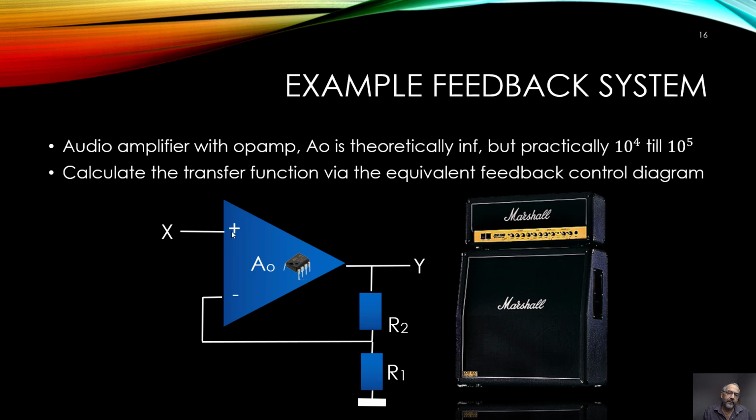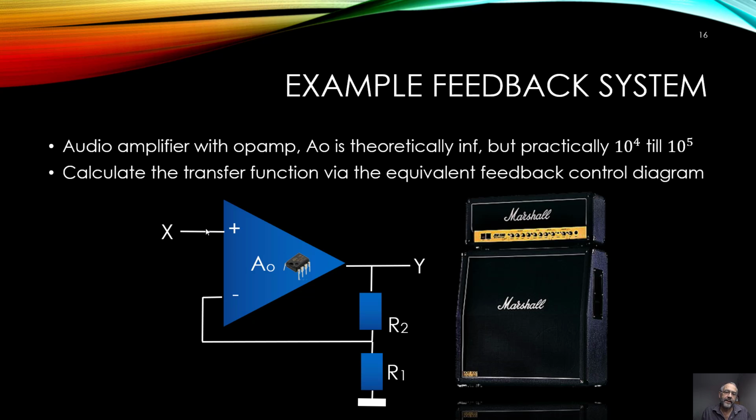An op-amp has actually two inputs, and these will be subtracted. That's why there is a plus and a minus here. So the input on the plus and the input on the minus will be subtracted, and that result will be multiplied by that high factor.